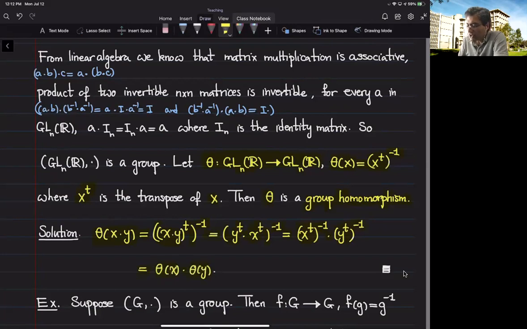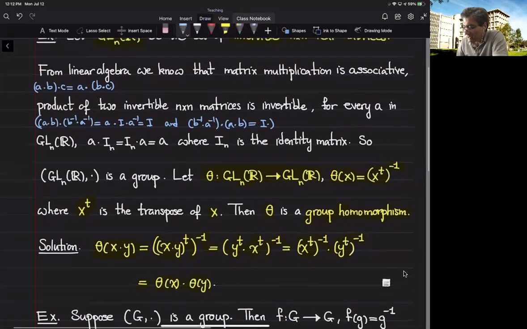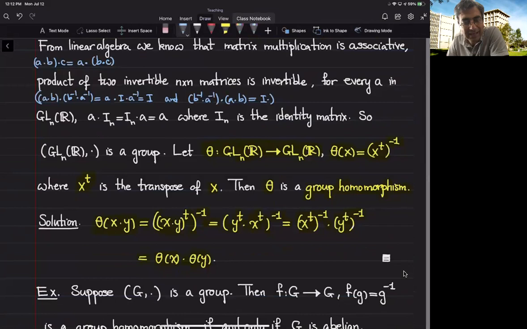Of course, I need to justify why theta is well defined, in the sense that I need to say why theta of x is invertible, or why x transpose is invertible.